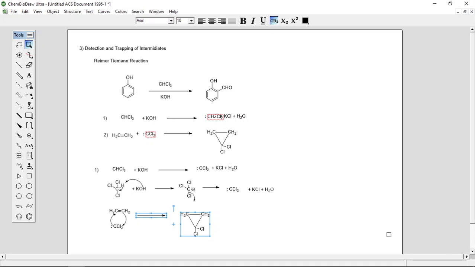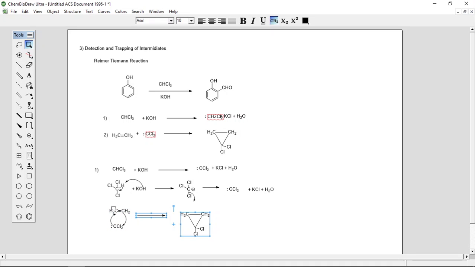An intermediate is generally trapped by running the reaction mixture in presence of a compound with which it reacts. So this is your intermediate, and we are running the reaction with a compound with which this intermediate reacts.